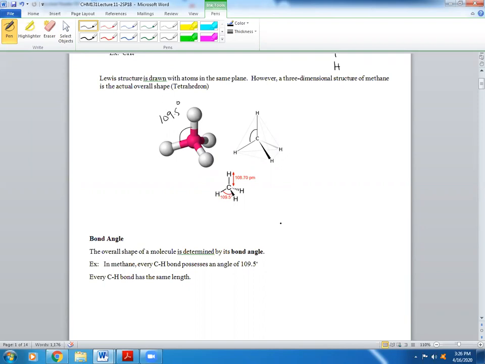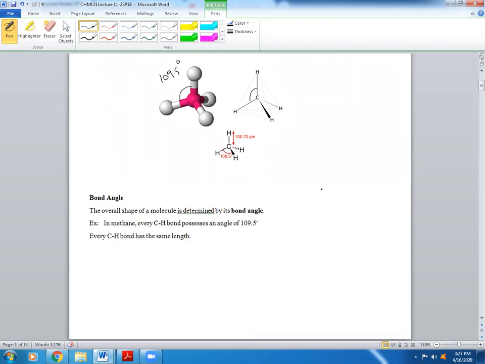Where does it come from? Why isn't it a flat molecule? Well, it depends on something we call a bond angle. The bond angle is actually what determines the overall shape of the molecule. It's this angle right here. You see it, the 109.5. So in methane, as we said, each carbon-hydrogen bond has a 109.5 degree angle.